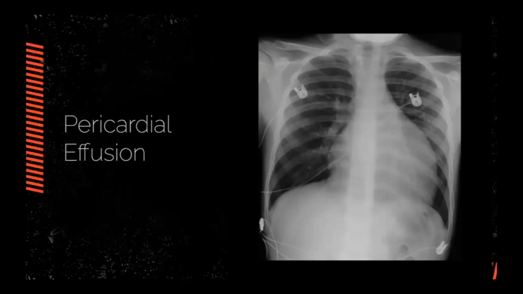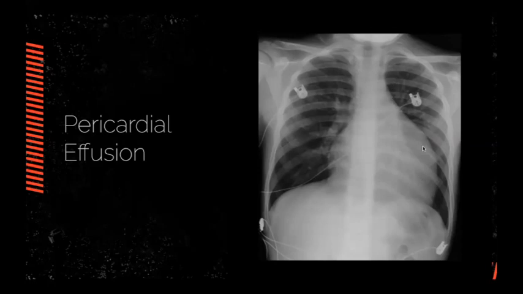What is obvious here is that the heart size is enlarged, with increased cardiothoracic ratio, but we can see that the heart border is very sharp and crisp. So this is highly suspicious of pericardial effusion.